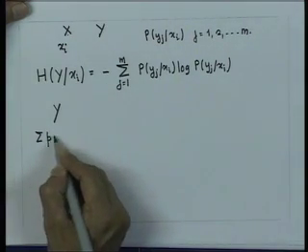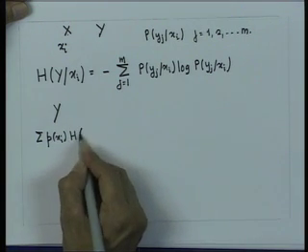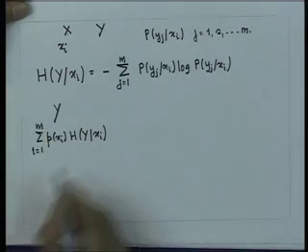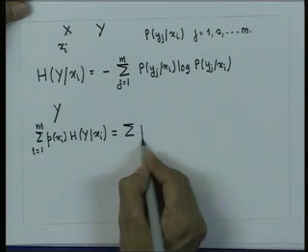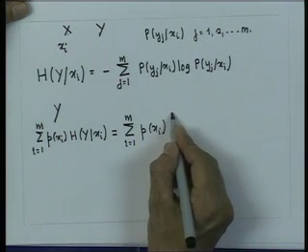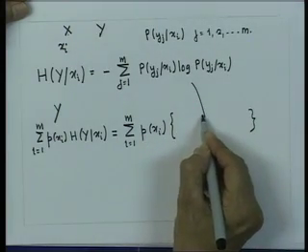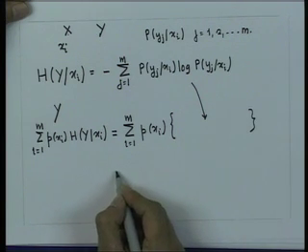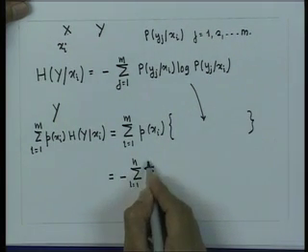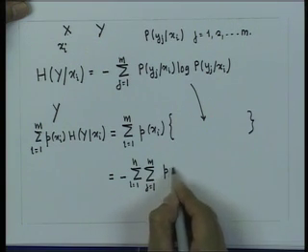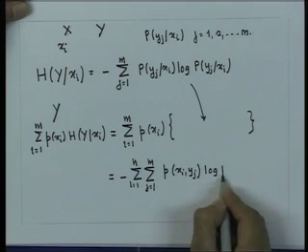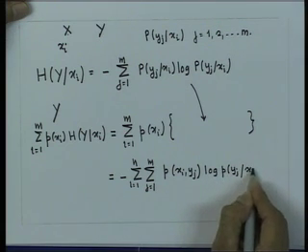So, the average of this quantity is nothing but the summation of p of xi H of y given xi, i equal to 1 to n, and if we substitute this expression out here, we can simplify this very easily to the double summation, i equal to 1 to n, j equal to 1 to m, of probability of xi yj log of probability of yj given xi.